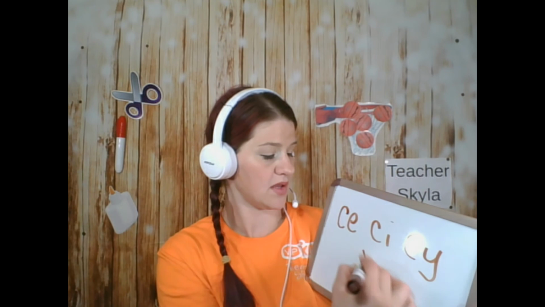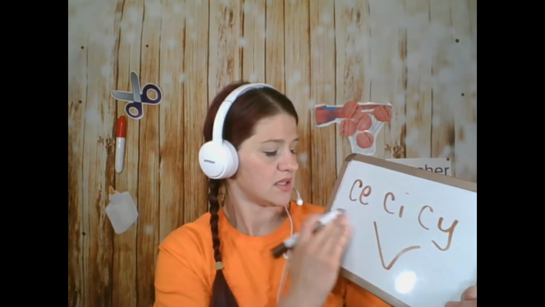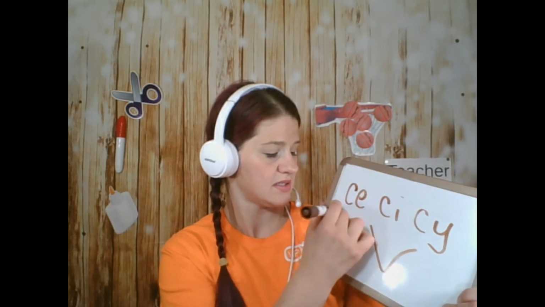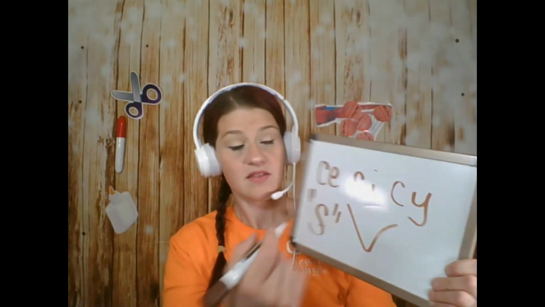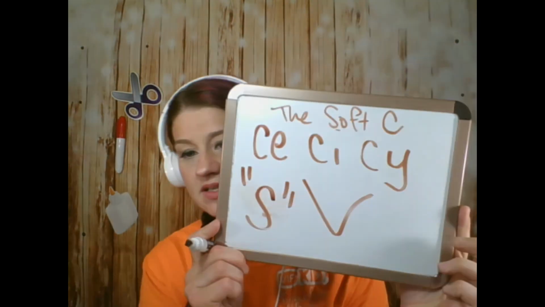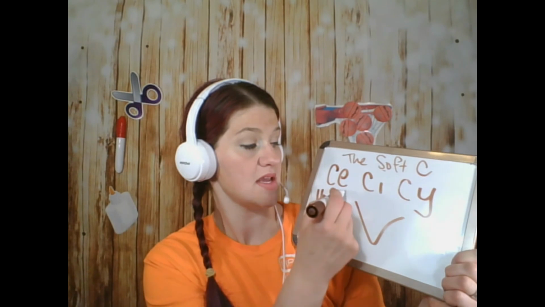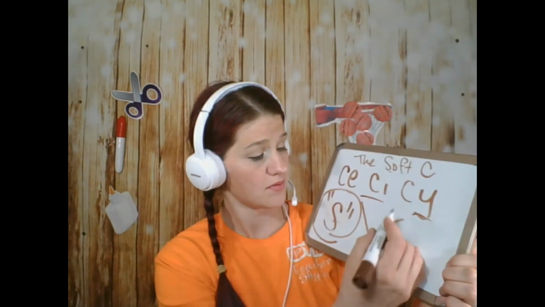CE, CI, and CY make the sound S. This is called the soft C. So remember, CE, CI, and CY make the S sound.